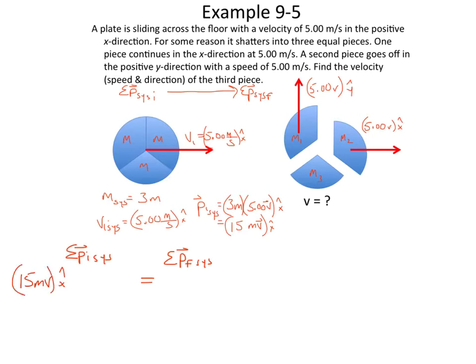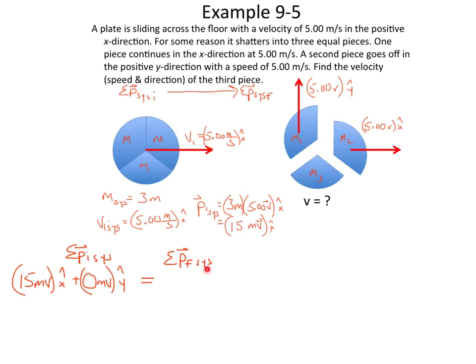Okay, but it's also true that it is 0 mass times velocity units in the y hat direction. Does that make sense? It's not moving in the y direction at all, but I want to specify that it is in fact 0 in the y direction because we've got some x and some y going on after the 3 pieces have broken up. Okay? So these are all together.